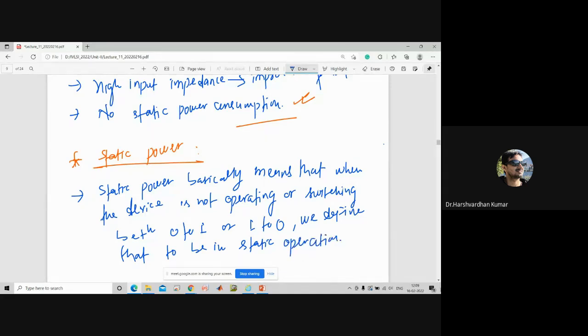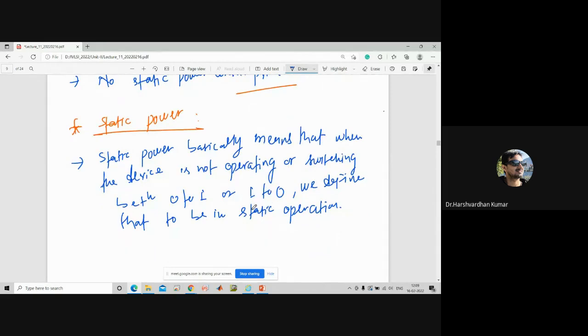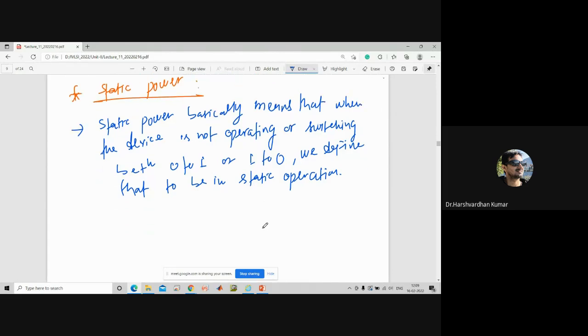Which means that when you apply logic 1 at the input signal, you will get logic 0 at the output. Or if you supply 0 at the input, you will get output 1.